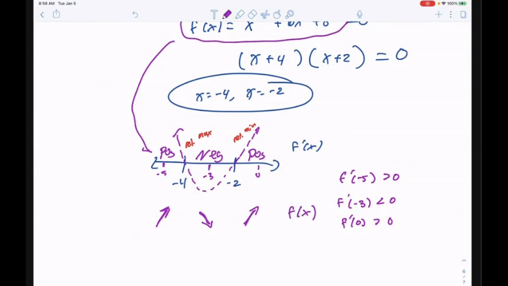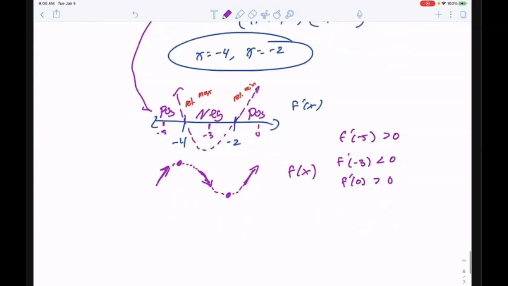So f of x is going like that, and then like that. And so we have a max, and then we have a min. That's what the graph is doing, because positive derivative means positive slopes. So it's going from positive slopes to negative slopes.